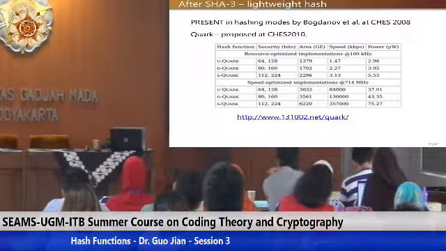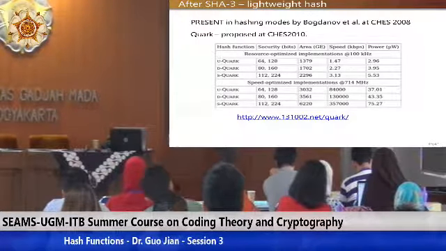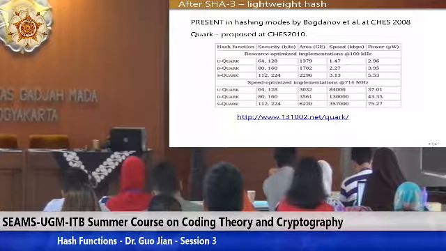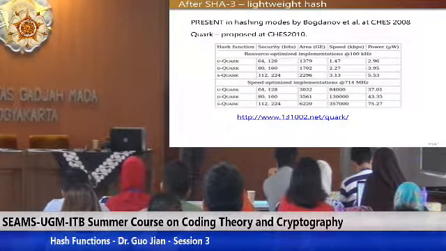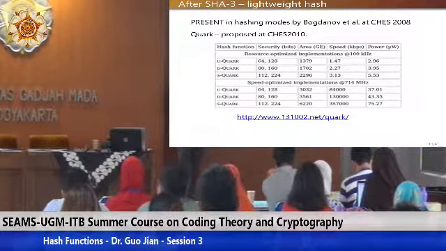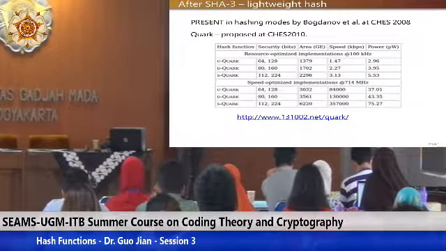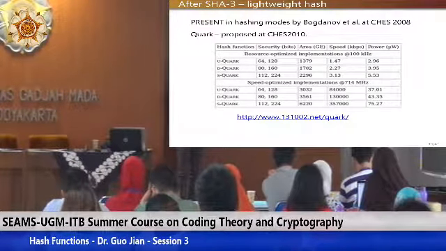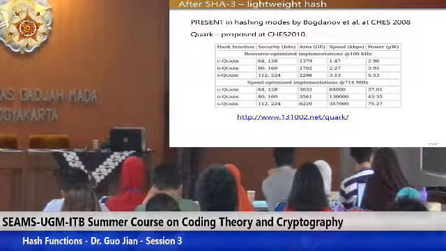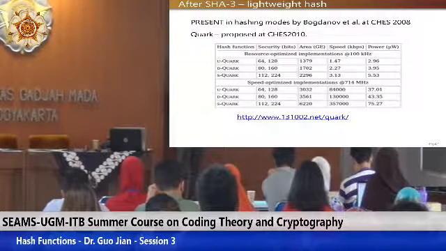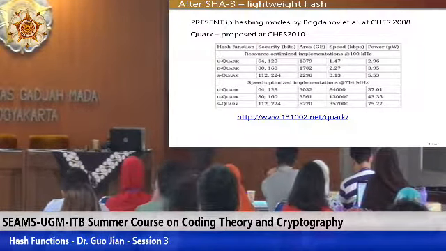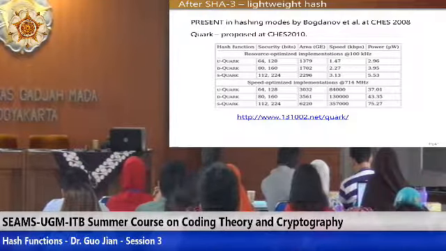The area is really small, like 1400 GE. Gate equivalent, one gate equivalent is the area of a NAND gate in hardware, in ASIC. So that's the unit.